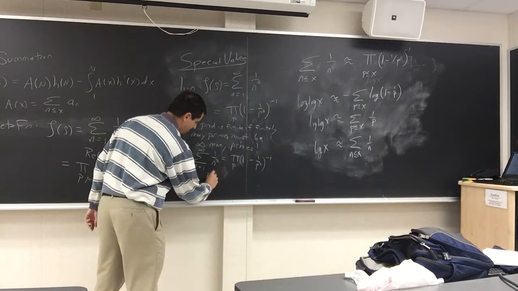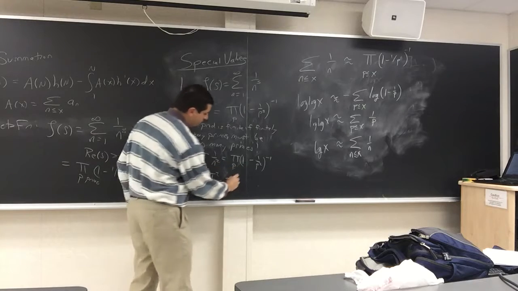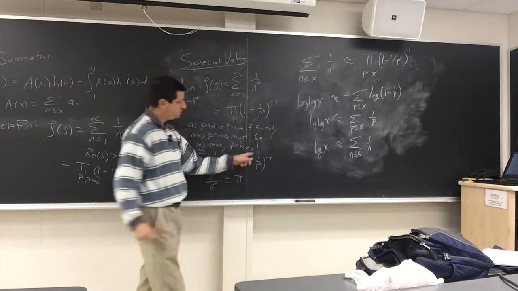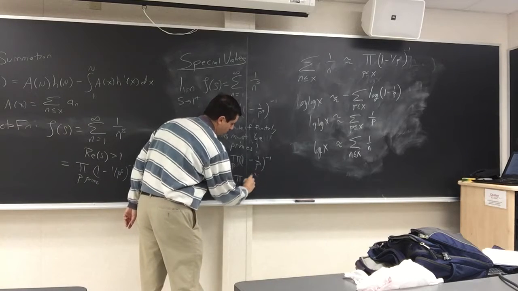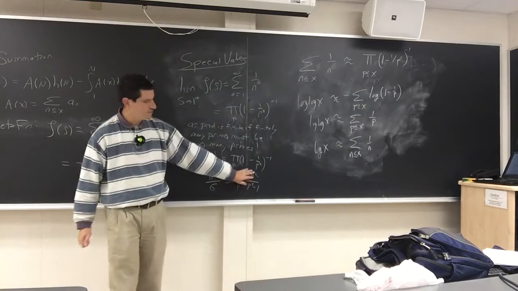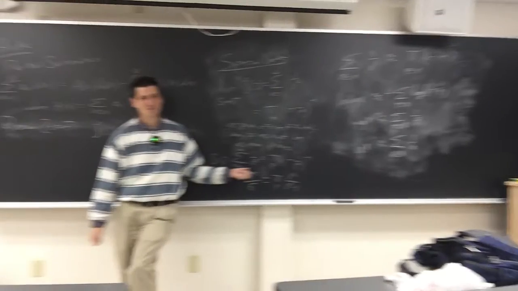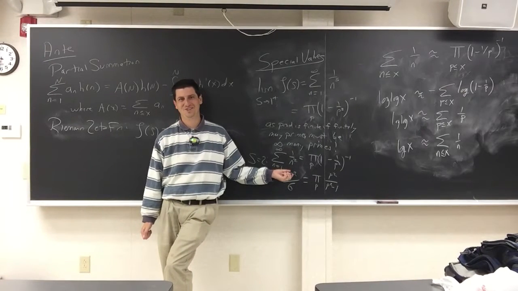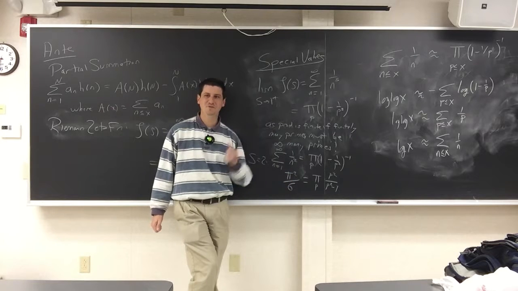Pi squared over 6. This is the same as the product of p squared minus 1 over p squared. Take the reciprocal. It's p squared over p squared minus 1. If there are only finitely many primes, this is rational. Pi squared is irrational. So because pi squared is irrational, there must be infinitely many primes.